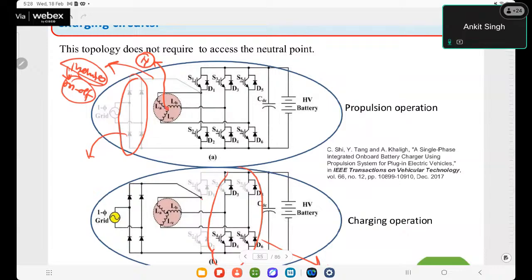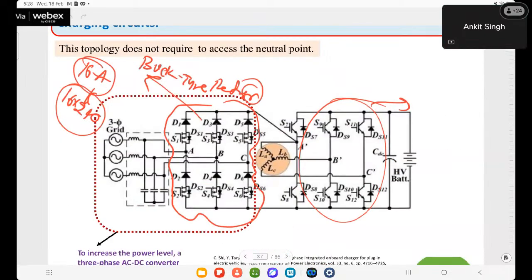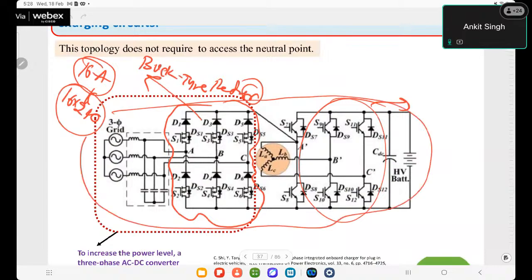Otherwise, if anyone uses the motor and DC to AC converter in the charging circuit later on, its neutral point should be available. But in this particular configuration, it doesn't require it. In this configuration, which is three-phase charging, again in this converter system, we don't require neutral point access.